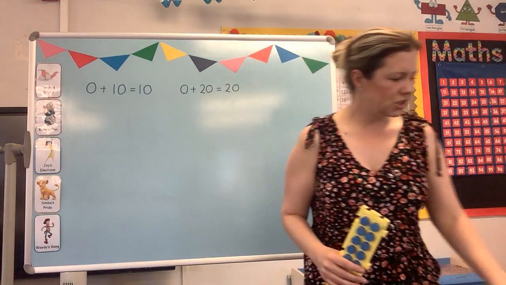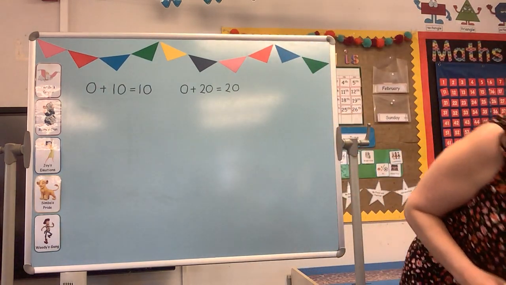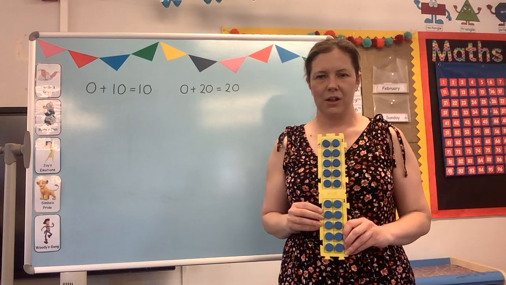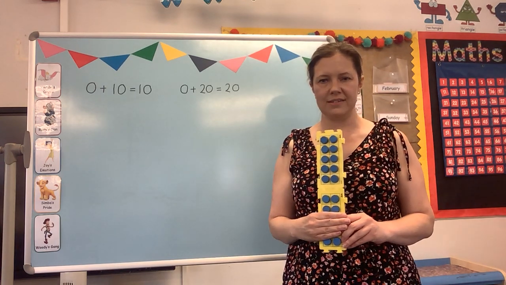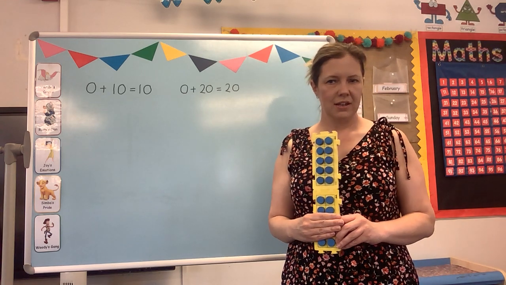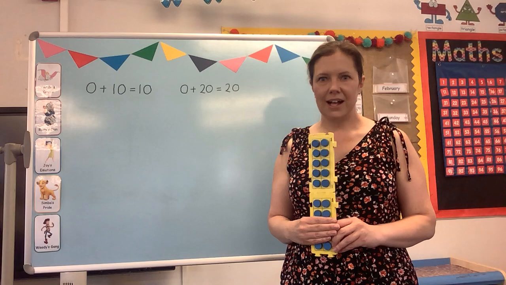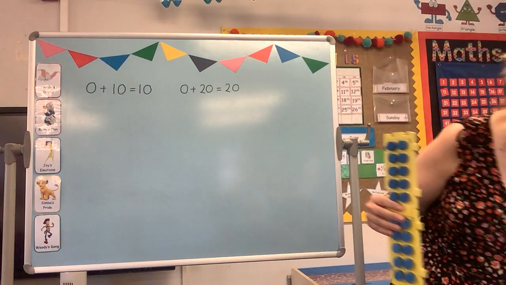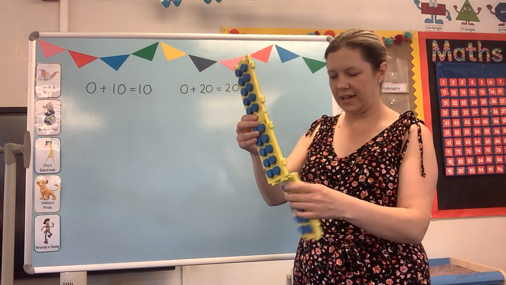Okay? So what about if we were making 30? What would I need to do then? Well, I've got one 10, and I've got another 10, so that's 20. So what would I need to make 30? I need another 10, don't I? So I'm going to get another 10 frame and I'm going to pop that onto there.